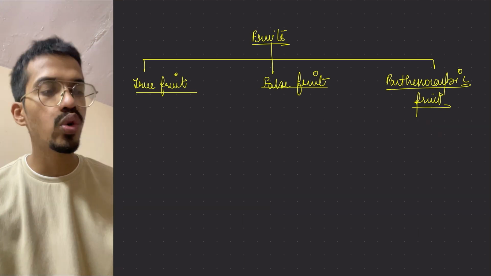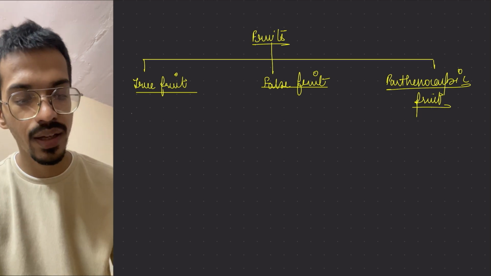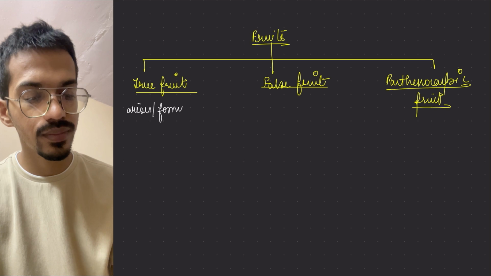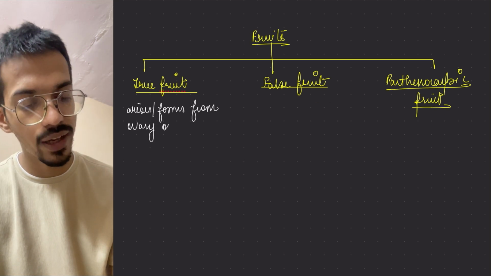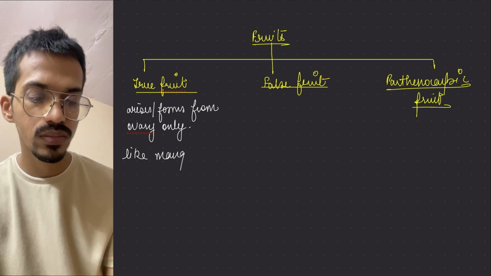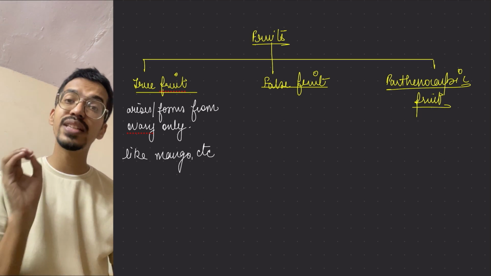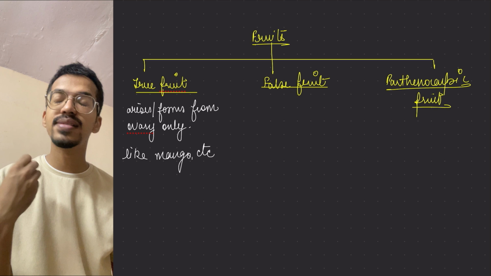True fruits means those fruits which arise from the ovary only, like mango, etc. False fruit means they are arising from parts other than the ovary. Example strawberry, example apple.